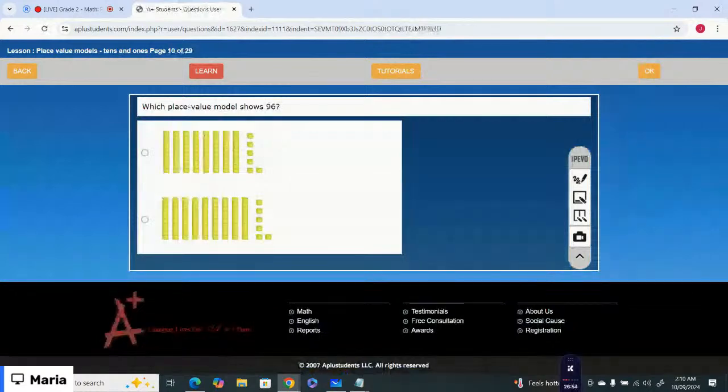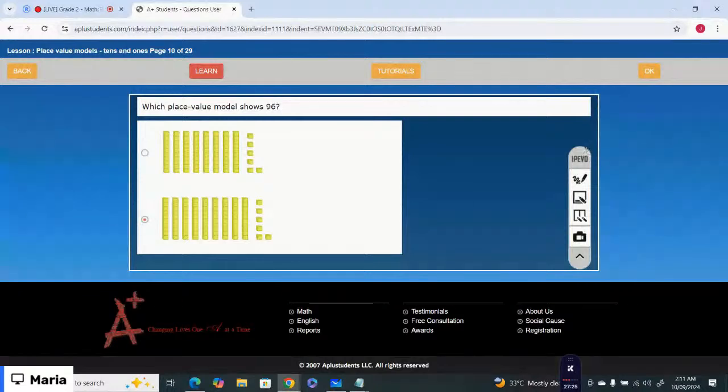Which place value model shows 96? Which is the correct option? Option 2 is the correct option, right?